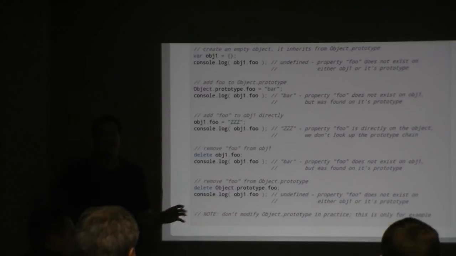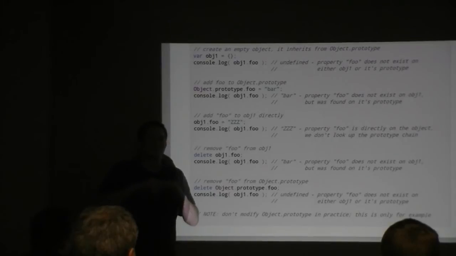Yes, sir? Say I change the prototype for object, and then I make a new object from that prototype. Does it inherit that property automatically? Yes, it also does it retroactively. The reason for that is it's looking at the chain. It's not actually putting that property on every object beneath it.